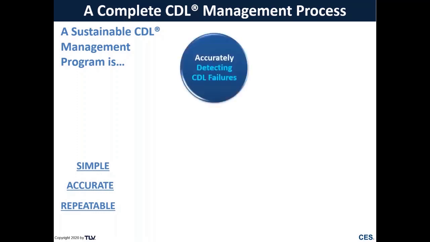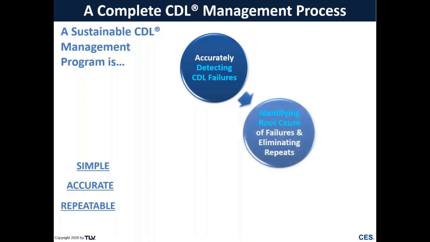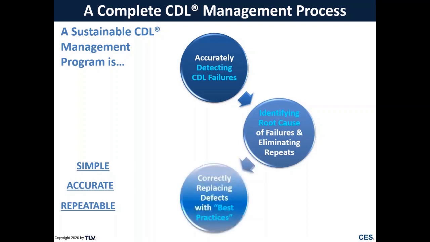So what should a CDL management program look like? Well, first of all, it needs to be simple, accurate, and most importantly, repeatable. This is going to be a program and not just a one-time event or one-time survey. And that really needs to start with accurately detecting CDL failures, and not just steam trap failures, but what is really wrong with that condensate discharge location, and identifying what that root cause is and try to eliminate that root cause.